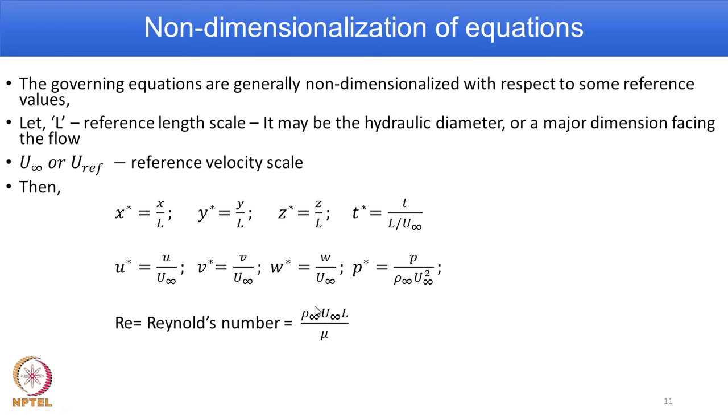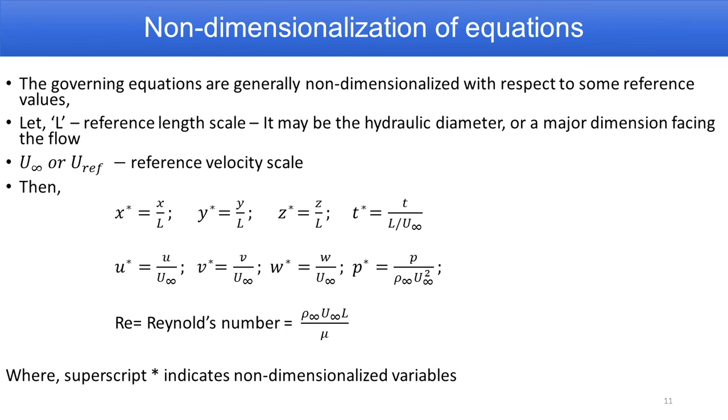Of course, you can define mu over rho infinity also as nu, and the Reynolds number becomes u infinity L over nu. So, all the star quantities are non-dimensionalized variables. Now that we have done the first exercise, we can repeat this: we can substitute these terms in the continuity equation to get a non-dimensionalized continuity equation.